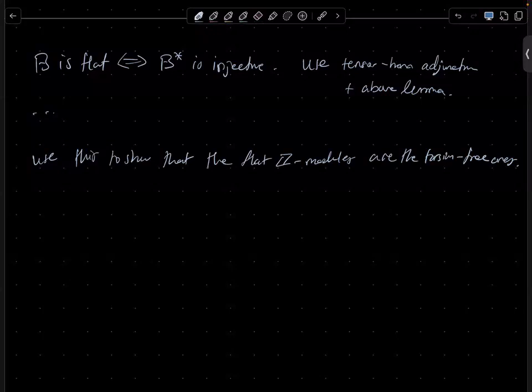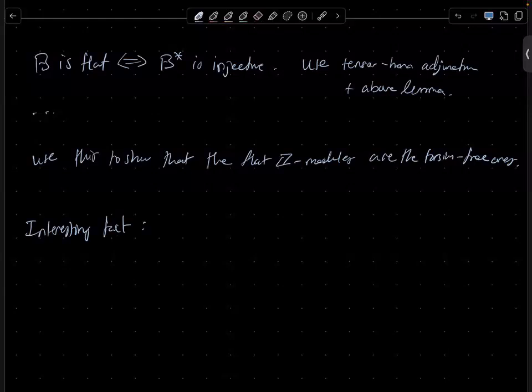Okay, so that was a cool detour, I guess. Back to Tor. So here's another interesting fact, which I will come back to in a bit. We can use what's called a flat resolution instead of a projective resolution to calculate the Tor groups.